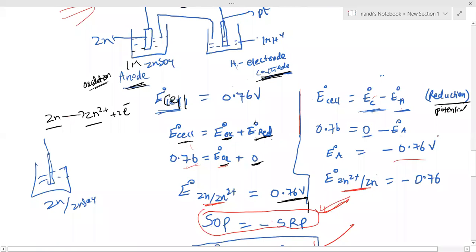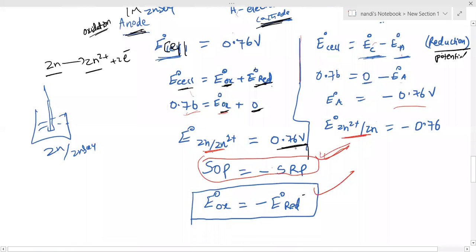This is a negative value and this is a positive value. What's the difference? One is oxidation, the other is reduction. What is the relation between oxidation potential and reduction potential? This is the conclusion.